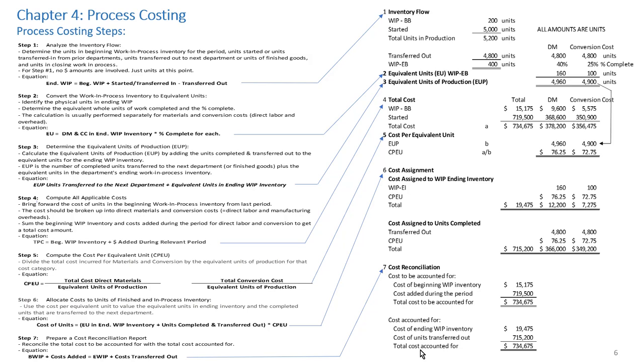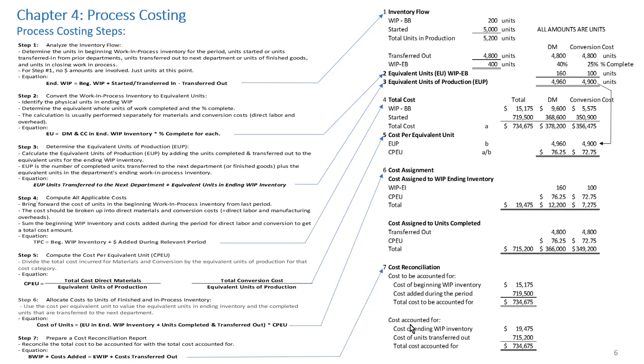For our problem, the cost to be accounted for included the cost of beginning work in process inventory totaling $15,175. The cost added during the period was $719,500. The total of those two amounts gives us a total cost to be accounted for of $734,675. Now to show how they're accounted for.